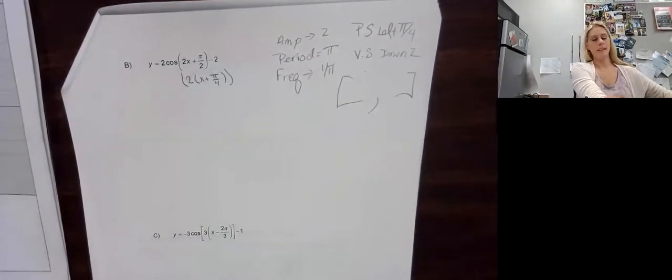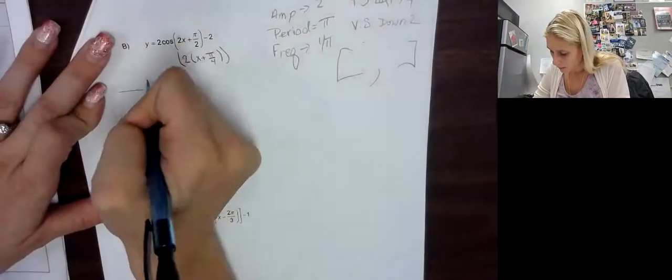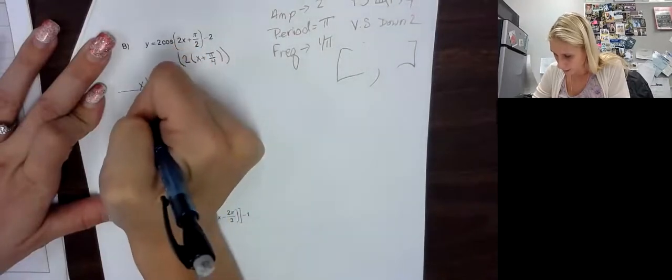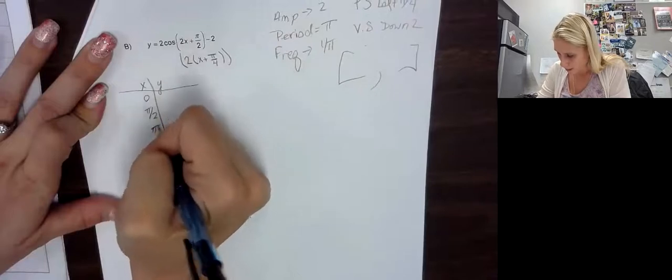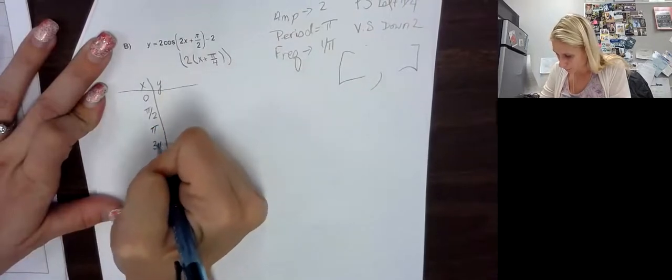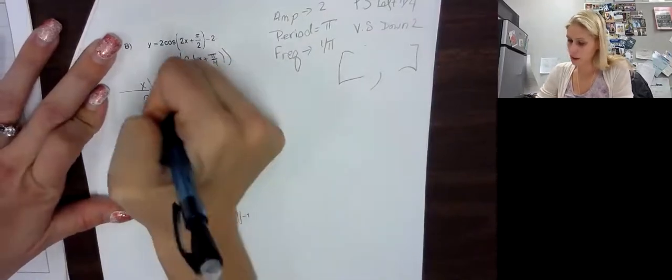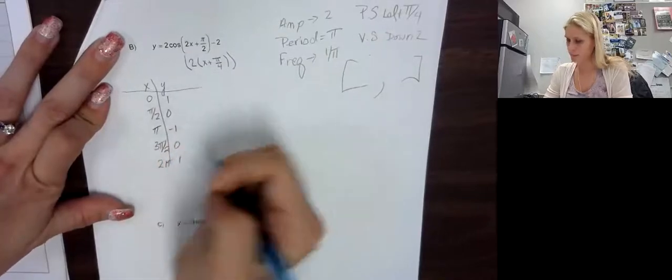All right, ready? Get your table all set up. X, Y, so 0, pi over 2, pi, 3 pi over 2, 2 pi. This is cosine, so 1, 0, negative 1, 0, 1.